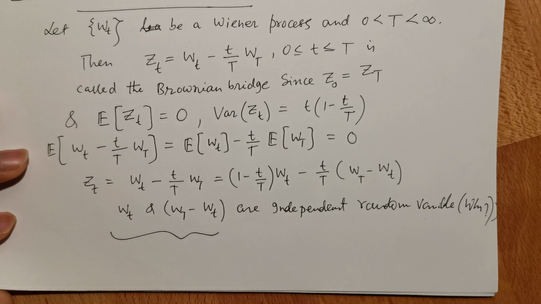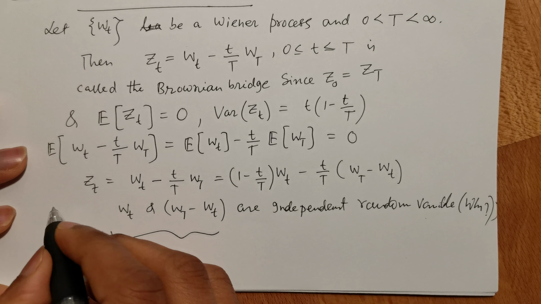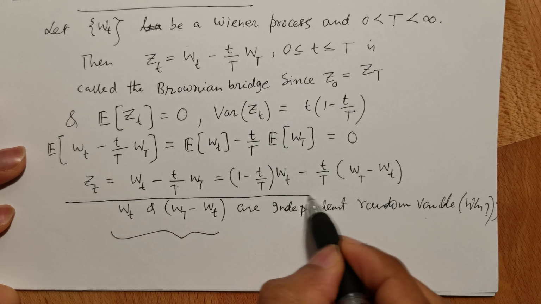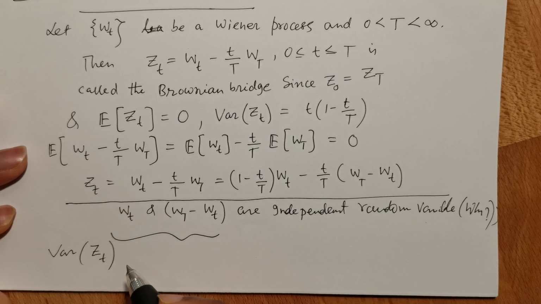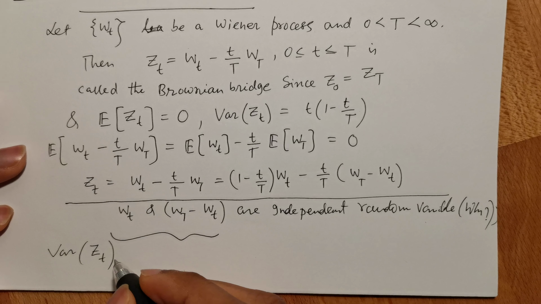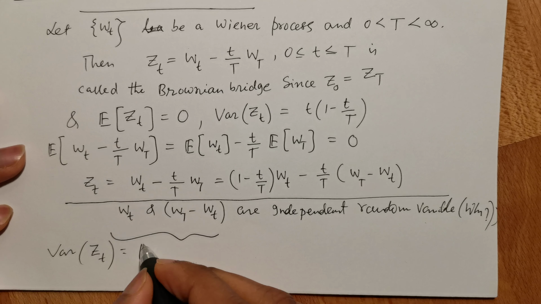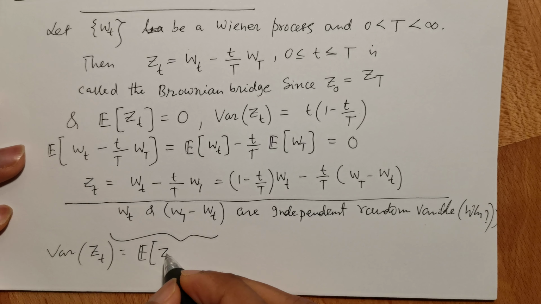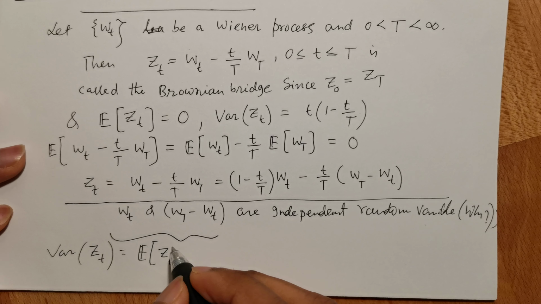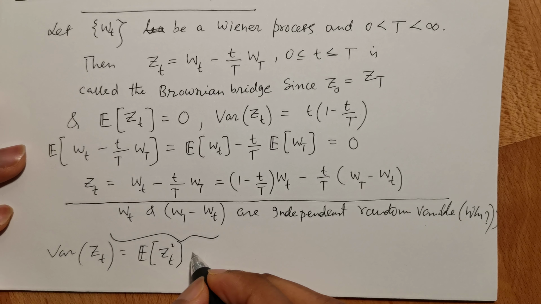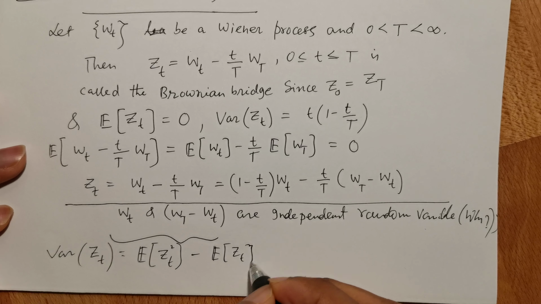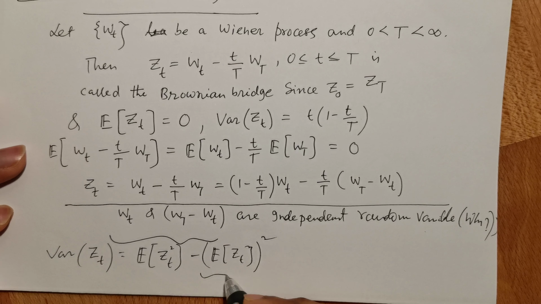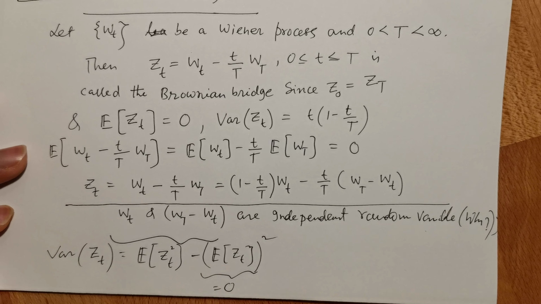So if you take the variance for this, the variance of Zt is equal to the expectation of Zt square minus the expectation of Zt whole square, but this is 0, we have already seen.